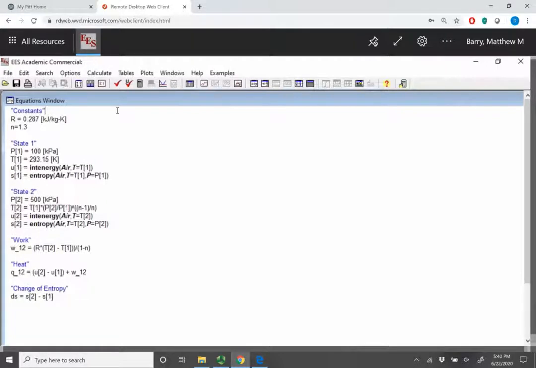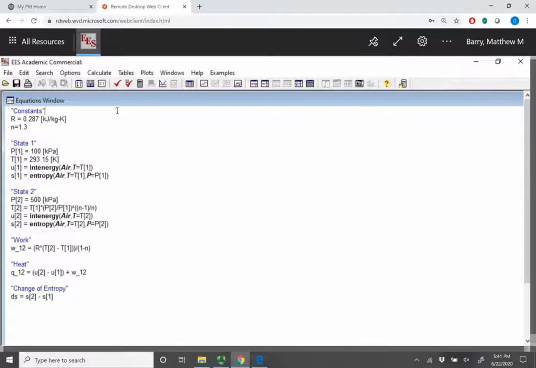At state 2, our pressure has increased to 500 kPa, and our temperature can be found using our polytropic expressions. That is, T2 is equal to T1 times P2 per P1 to the quantity n minus 1 per n. U2 is our specific internal energy taken at state 2, and S2 is our specific entropy taken at state 2.